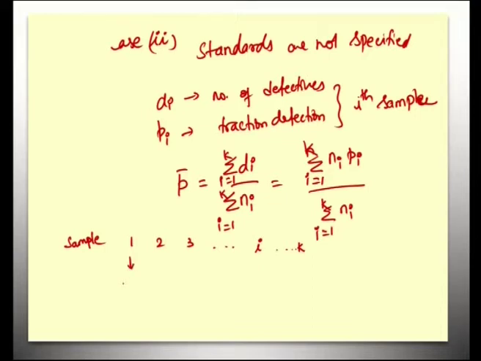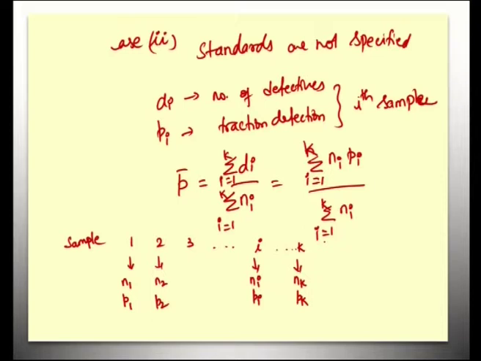For each sample there will be a size and a fraction defective. Similarly, N2, P2, like that we have Ni, Pi, and for the kth sample Nk, Pk. Each Ni is multiplied by its Pi and the summation is taken, divided by the summation of all Ni's. So that gives you P bar.